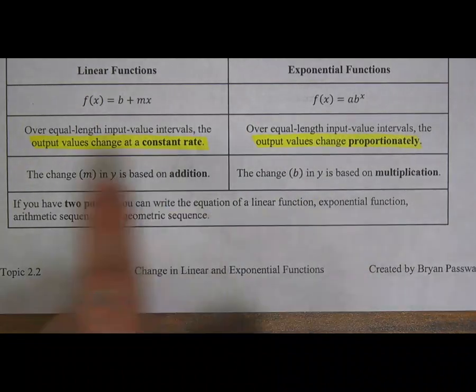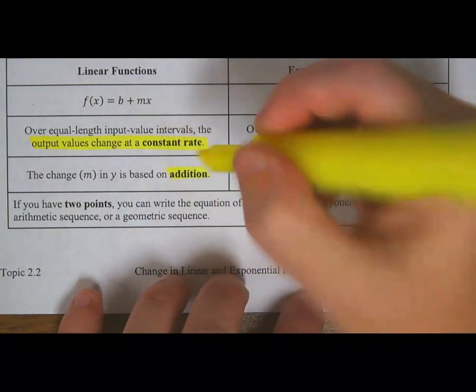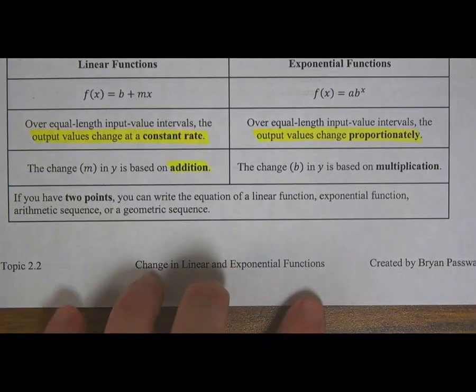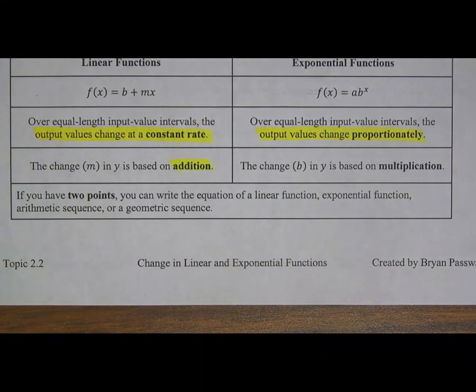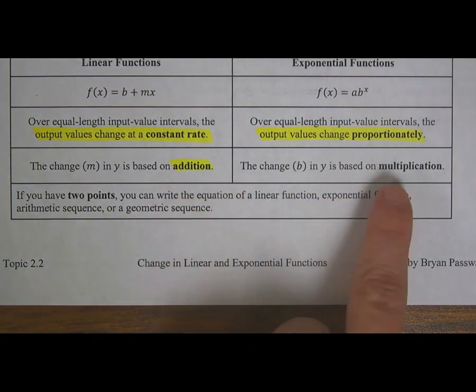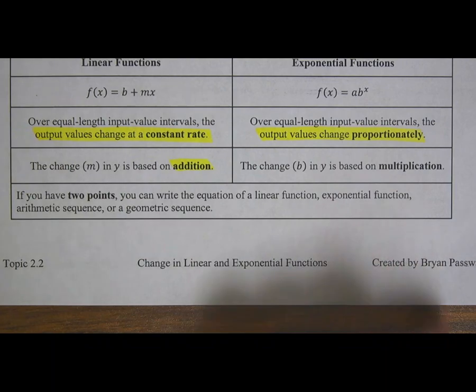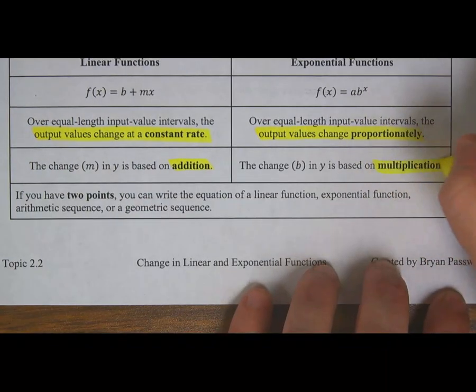On a linear function, the change from each y value to the next is based on addition. Subtraction is addition, guys. So that's basically addition or adding a negative number. So addition/subtraction. You're going to notice you've got an exponential function if the change every single time is based on multiplication.